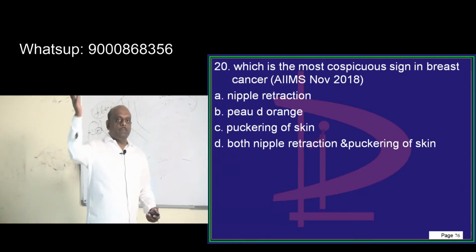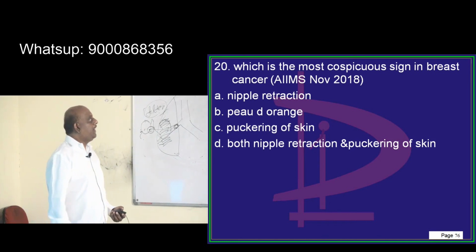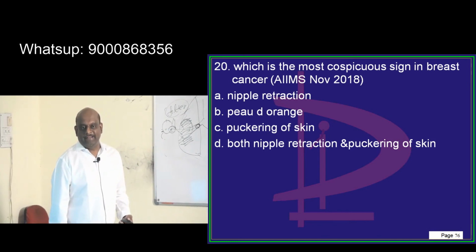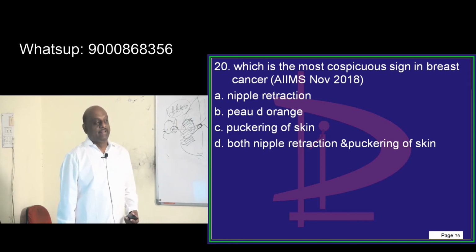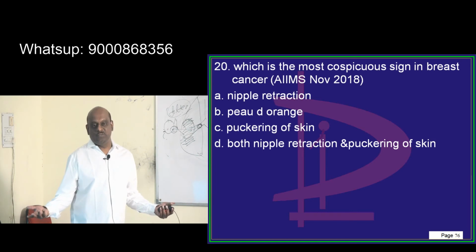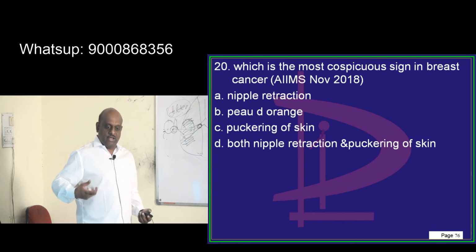What is the most conspicuous sign of breast cancer? Is it peau d'orange or is it the puckering? Big challenging question. Sometimes knowing peau d'orange is more than enough. What is the peau d'orange? Because of lymphatic obstruction, the surrounding lymph nodes and lymphatic channels got fibrosed.